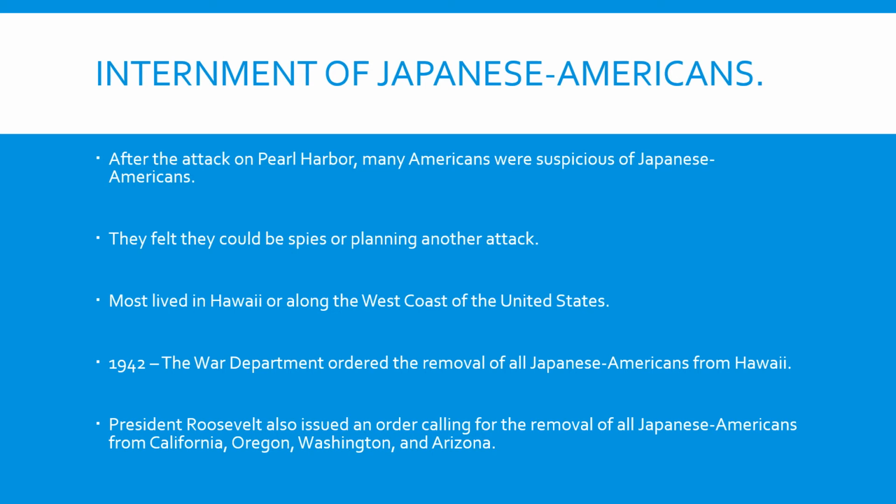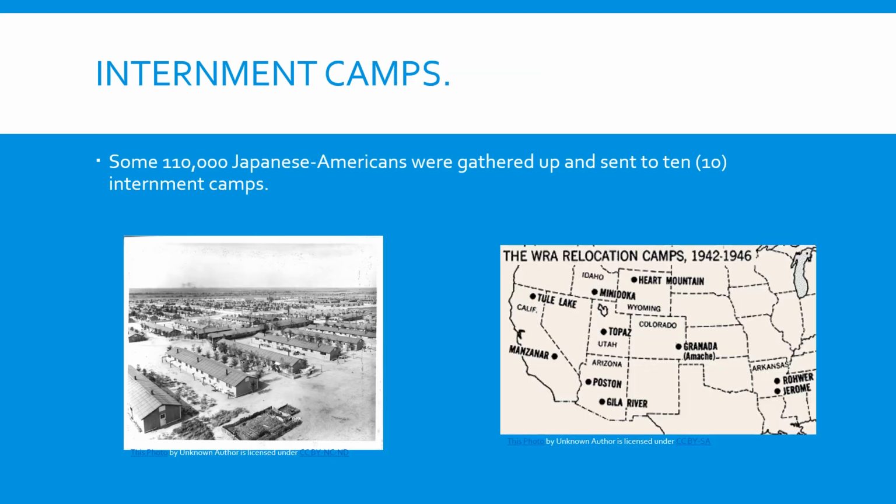In reaction to this fear, in 1942, the War Department ordered the removal of all Japanese Americans from Hawaii. And then President Roosevelt also issued an order calling for the removal of Japanese Americans from California, Oregon, Washington, and Arizona as well. So some 110,000 Japanese Americans were gathered up and sent to 10 internment camps across the country.